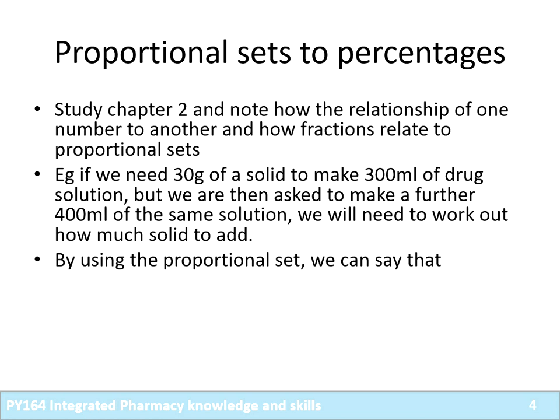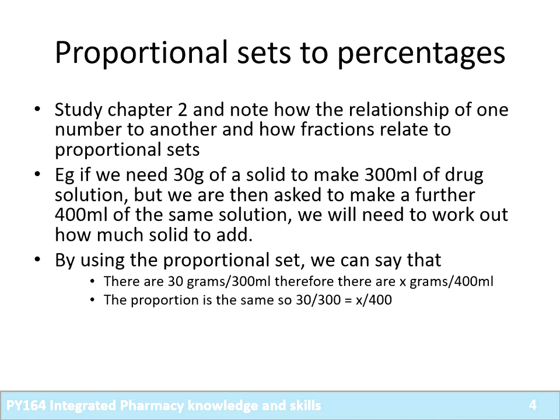So the first thing we can say is that there are 30 grams of the drug in 300 mils. So therefore, in 400 mils, we don't yet know how many grams there are, so we call that X. What we do know is that the proportion is the same. So 30/300 is the same as X, our unknown, over 400.